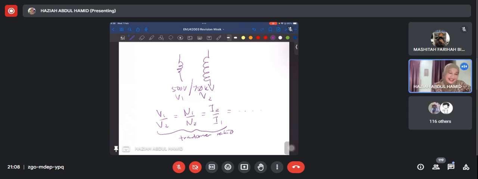Faham. Okay. So whatever input yang saya masuk dekat sini akan relate to this transformer ratio. Right? Kalau let's say saya nak kat sini 10 kV. Can I find what is the input here? Saya panggil dia primary lah. Saya nak secondary saya 10 kV. Okay? Saya boleh guna this relationship.